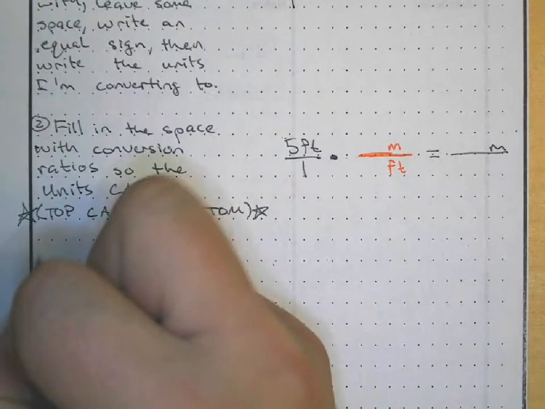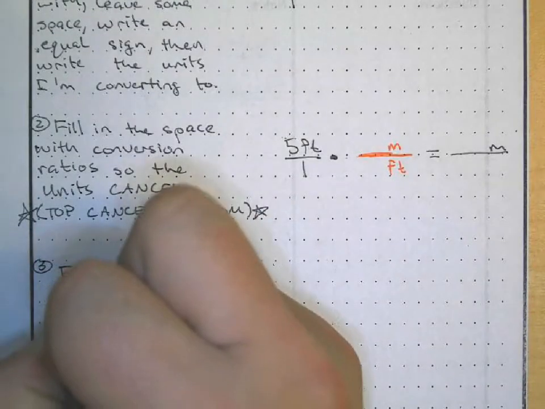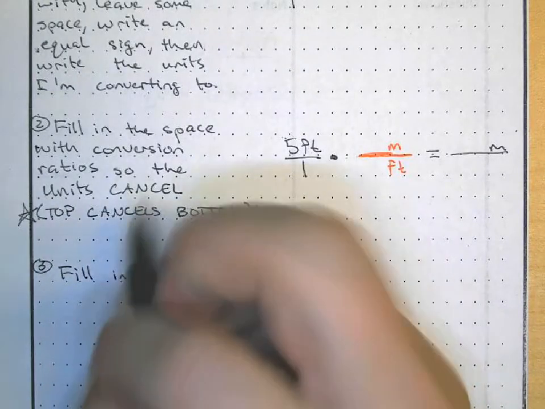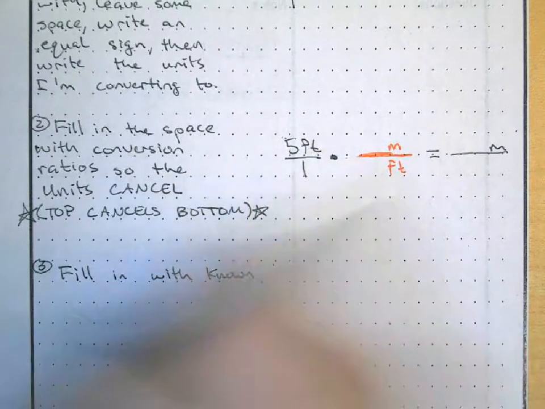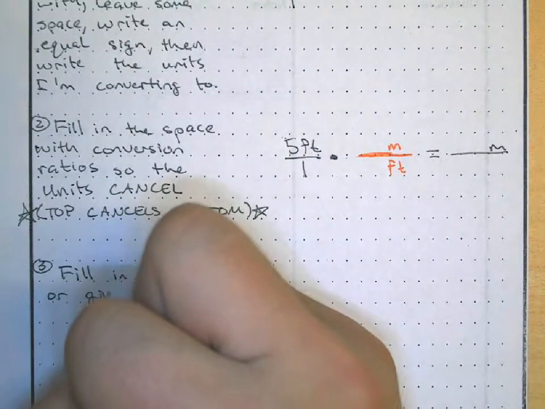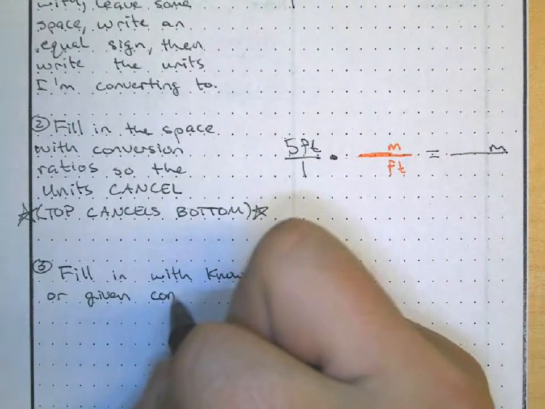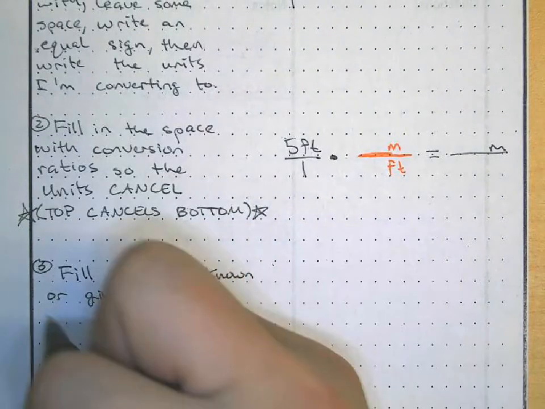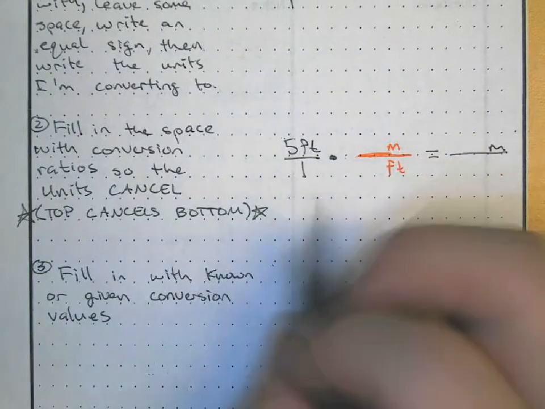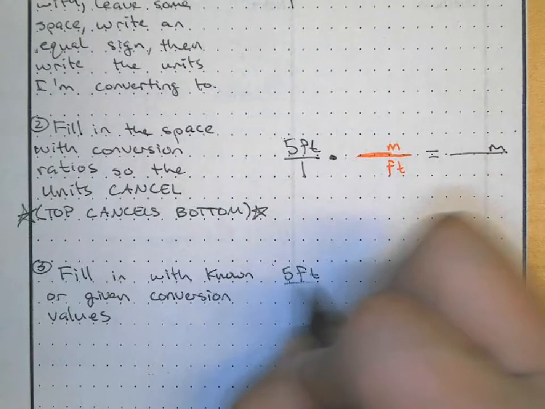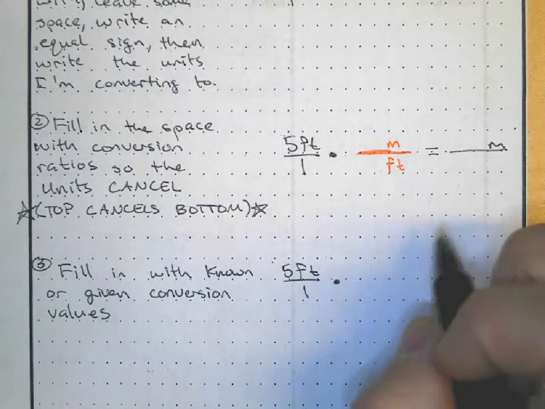Step 3, fill in with known or given conversion values. So I am bringing my 5 feet over 1 times.